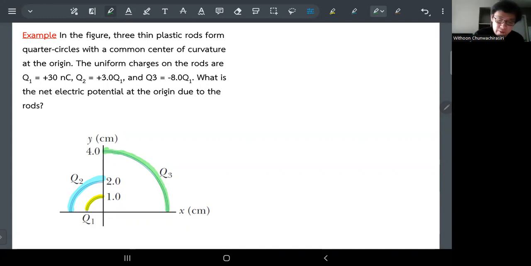So all you have to do is calculate the electric potential from each rod and sum them up, right? So the net V at the origin is going to be V1, V2, and V3. It's as simple as KQ1 over 1 centimeter, 0.01 meter.